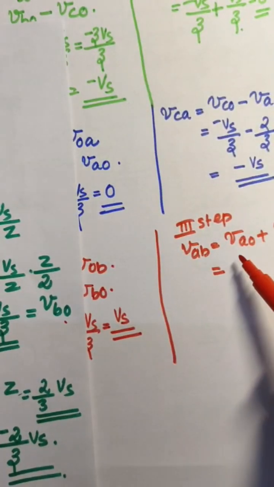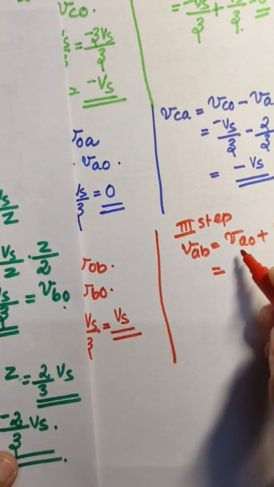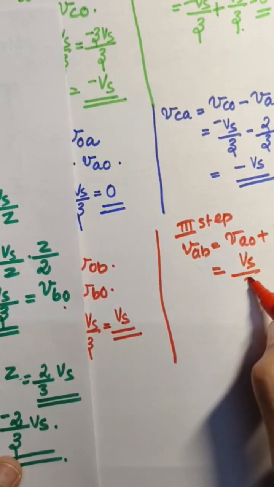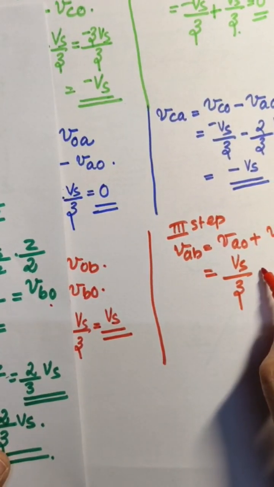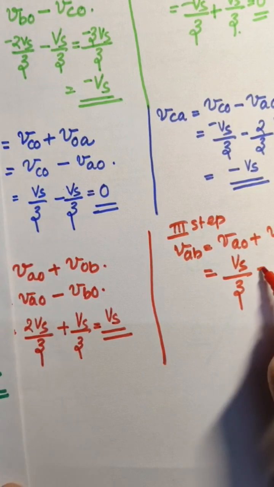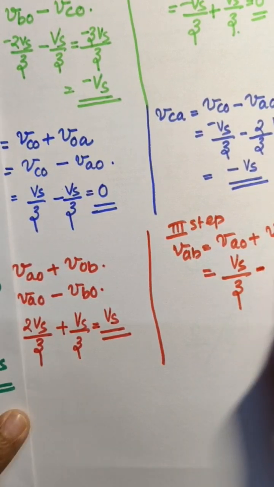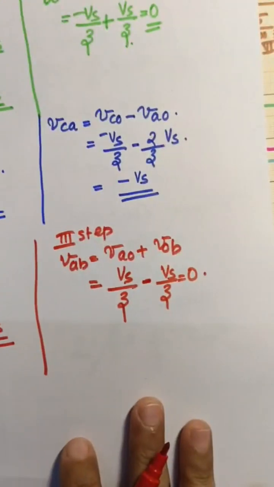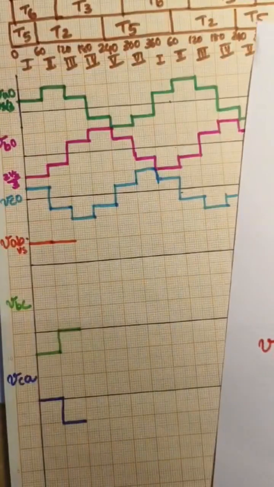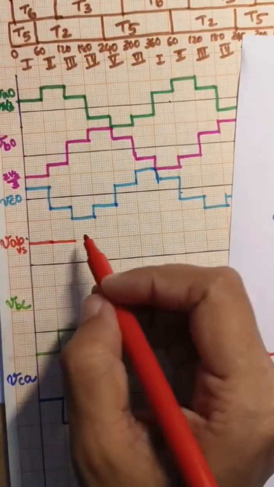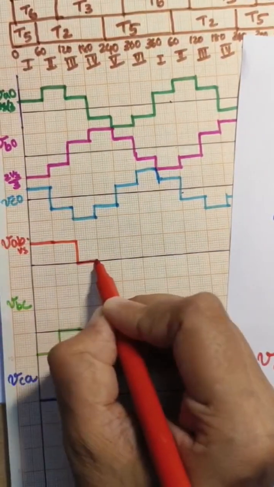So from the calculations, VAO is equal to Vs by 3 and VBO is equal to Vs by 3, so the difference is 0. VAB voltage is equal to 0. So mark here VAB voltage, that is 0.